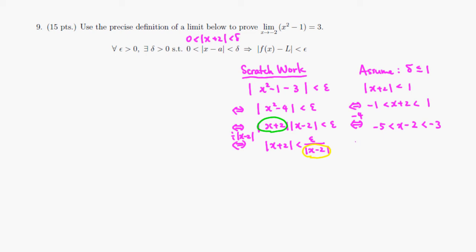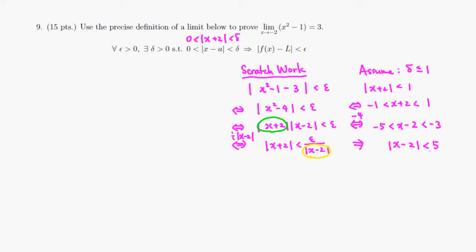Then you can see here that if x minus 2 is between negative 5 and negative 3, and you take the absolute value of that, the largest it could be would be 5, right?